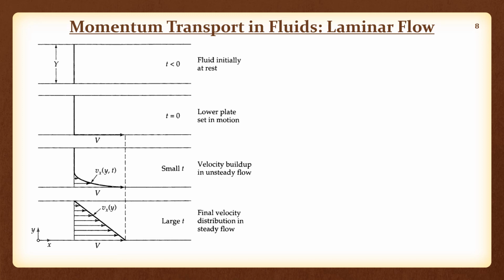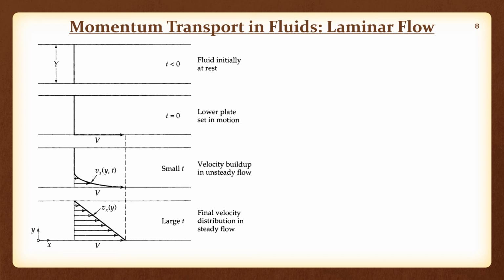So you see basically the fluid initially at rest, and then at time t equal to 0, the lower surface is set in motion with a velocity v, and then at short periods of time, the fluid layers right above the lower plate are also dragged along, and there is still an unsteady gradual increase in the velocity profile.